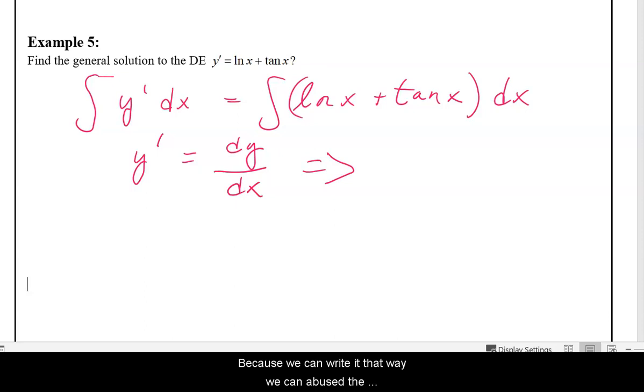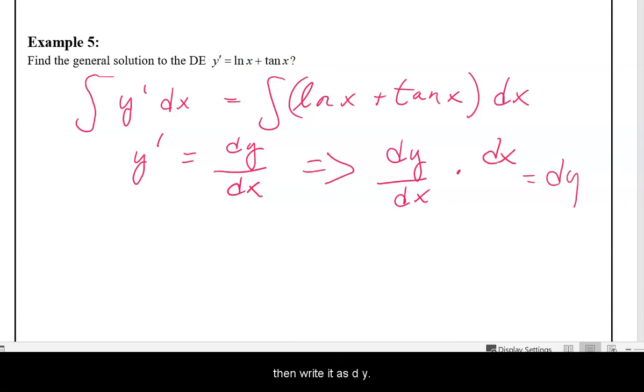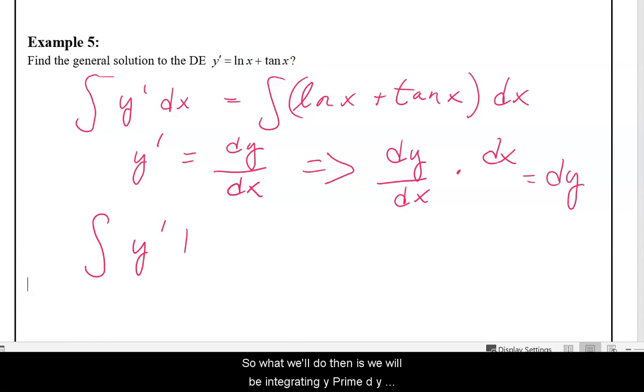Because we can write it that way, we can abuse the notation: dy dx multiplied by the differential dx, and we can then write it as dy. Now, this is, of course, an abuse of notation, but why do we do it? Because it works.